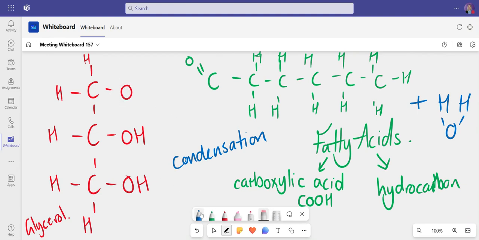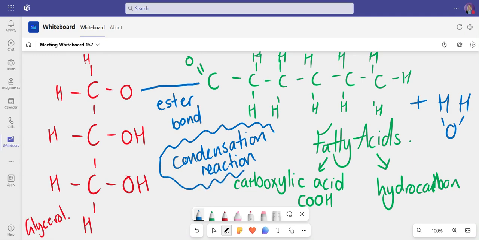And it's really important you remember that because lots of people, when they're asked to draw this, miss out that oxygen. And then the bond goes from the oxygen over to the C, and it's called an ester bond. And it's formed in a condensation reaction because it produced a molecule of water. If you were to add 3 of those on, you'd then have a triglyceride.